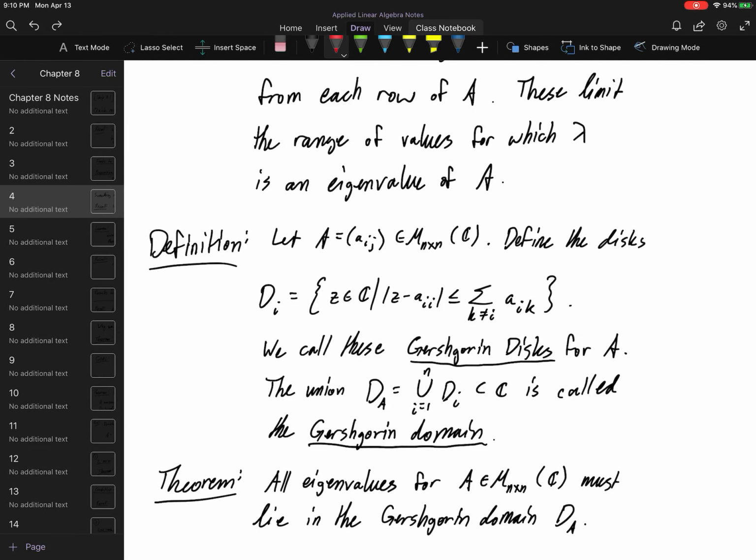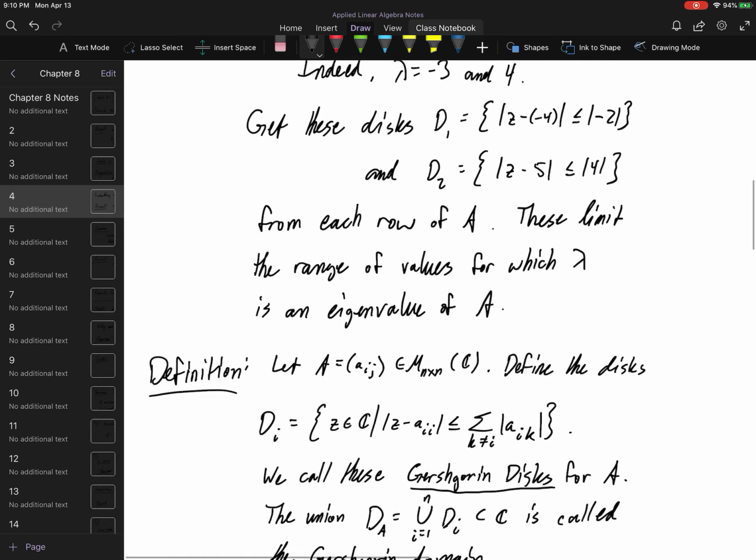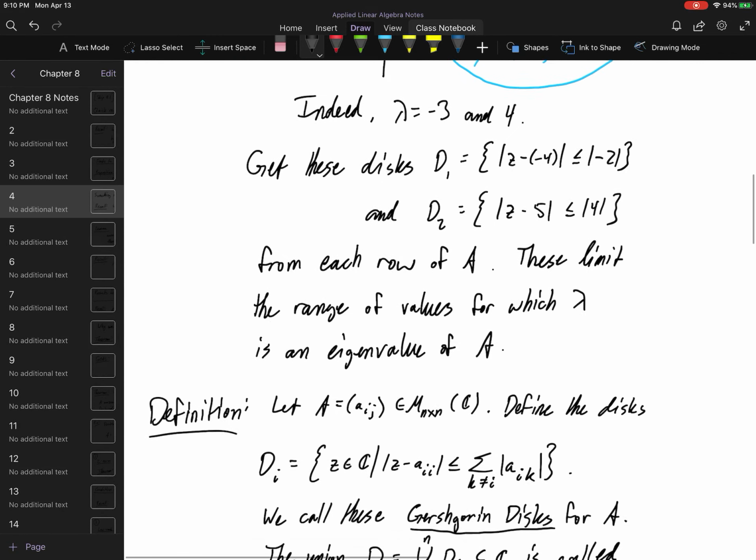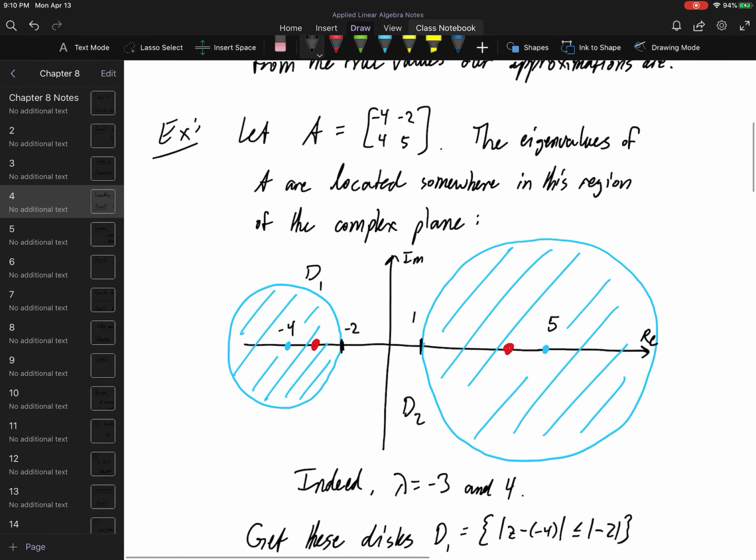So, the definition of what's called a Gershgorin disk. Technically that should be absolute values of a sub i k. If we have a complex entry matrix, we're going to define disks essentially how I described them up here.